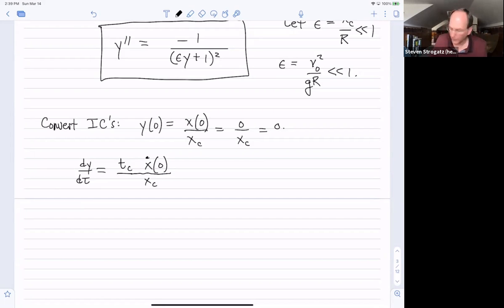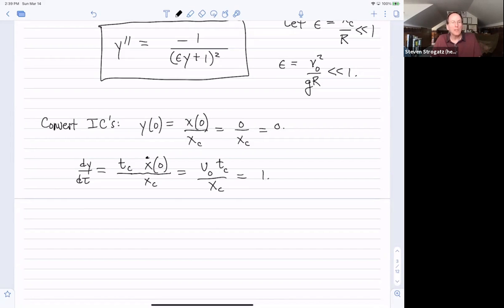Skipped a step or two there, but this comes out to be v0 tc over xc. And if you look back at my definitions of all of those, that's actually going to be 1.